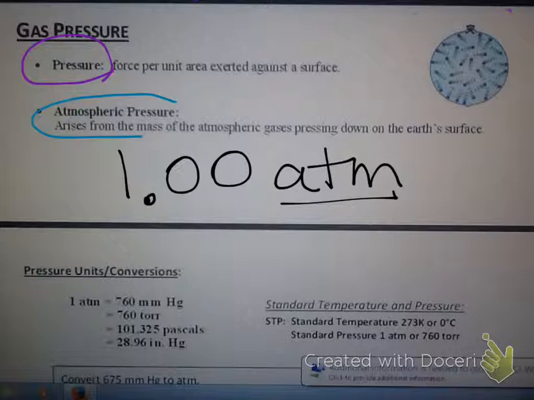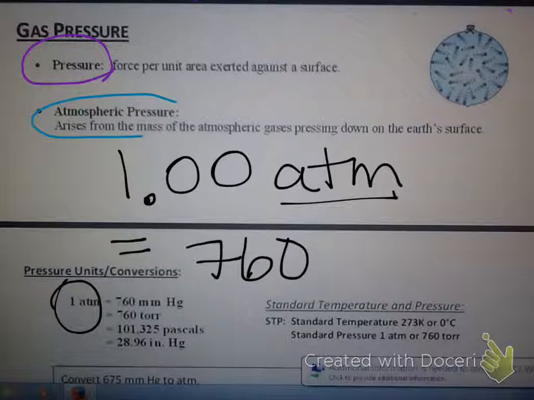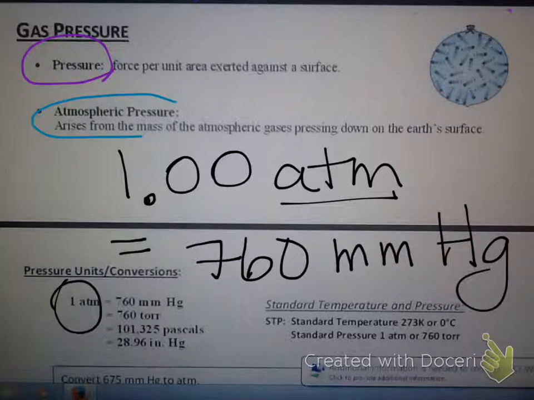No. In your book, you read about others. We have the atmosphere, 1 ATM, and 1 atmosphere of pressure equals 760 millimeters of mercury. You can read about where that came from in your book, but that's just another unit. That turns out to be a conversion factor, and we're going to use that in a second.